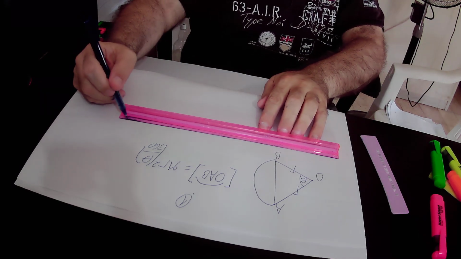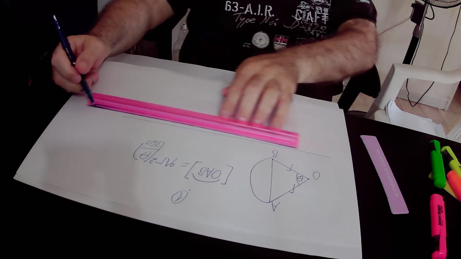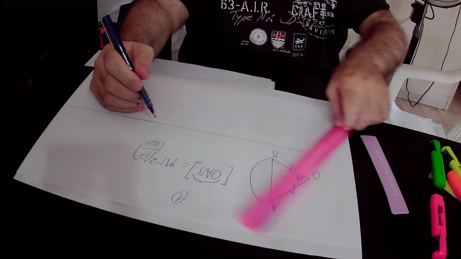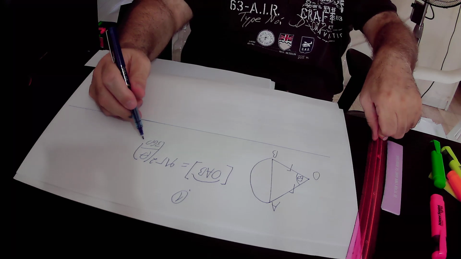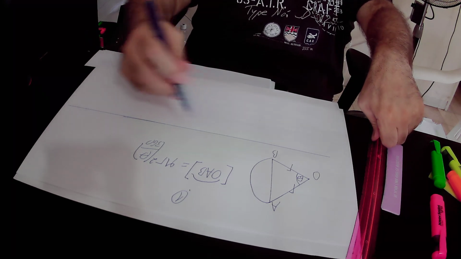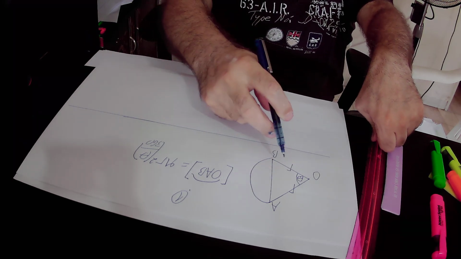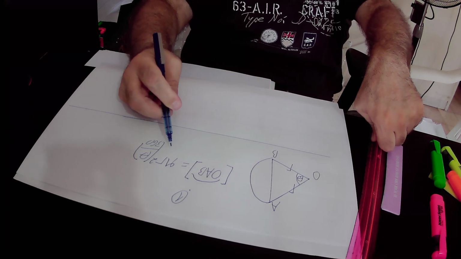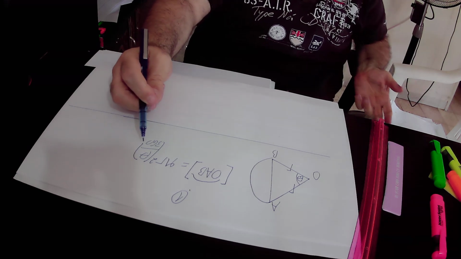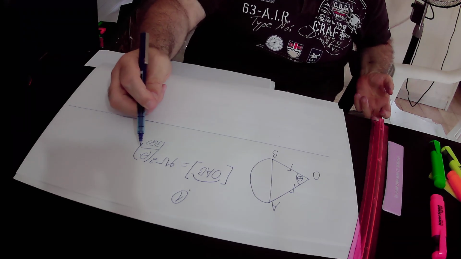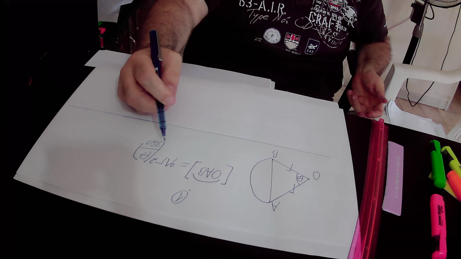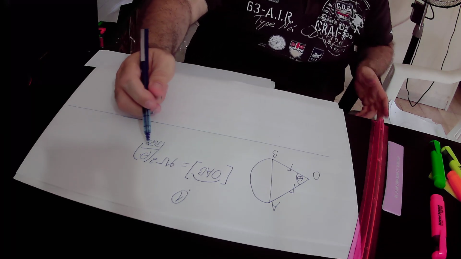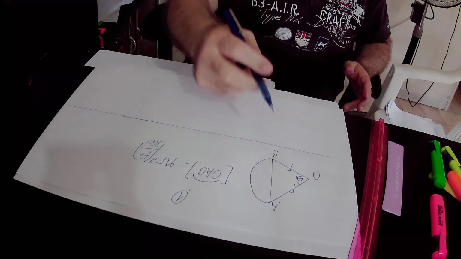I'll repeat again. The ratio theta over 360 degrees gives us the relative percentage that this sector occupies out of the area of the entire circle, and when we multiply it by pi r squared, we get exactly the area of sector OAB.